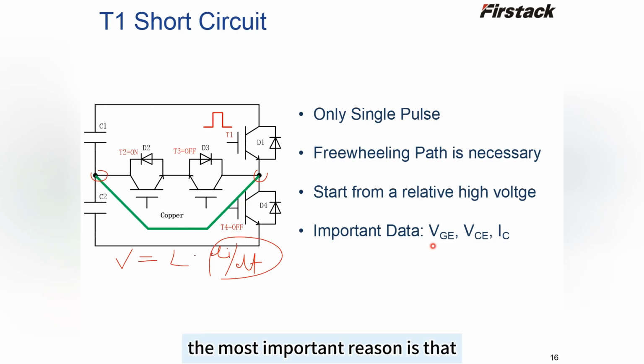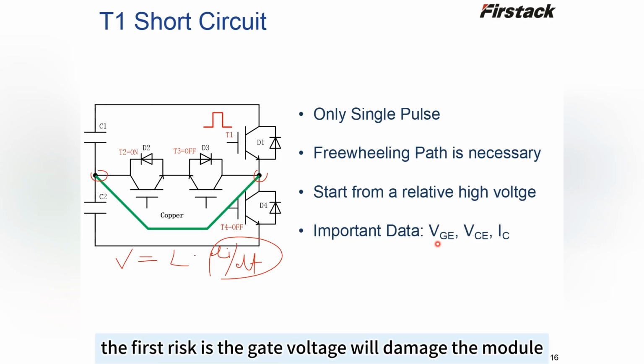The most important reason is that under SC condition, short circuit condition, the gate voltage can be much higher than the rated value. For example, the voltage can go up to even 13 volt when your rated value is 15. What will happen then? The first risk is the gate voltage will damage the module.